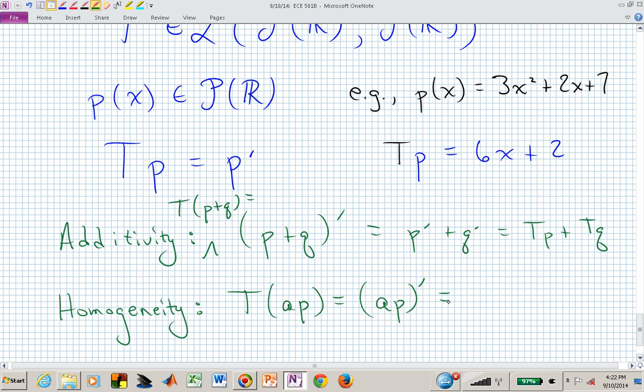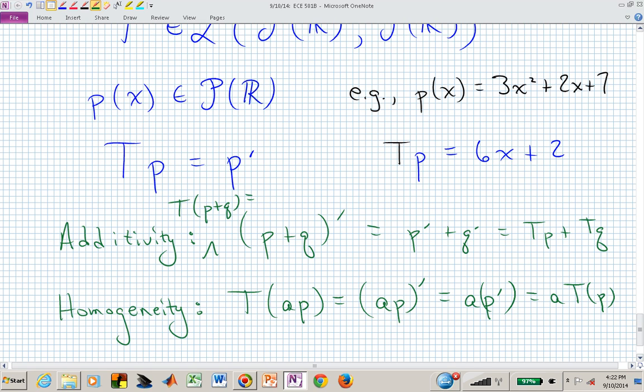But if A is just a scalar in our field of numbers, let's say the reals, that doesn't influence the derivative. We now have A P prime. Maybe I should make that very clear. And that's now equal to A T of P. And so it does satisfy the homogeneity property.